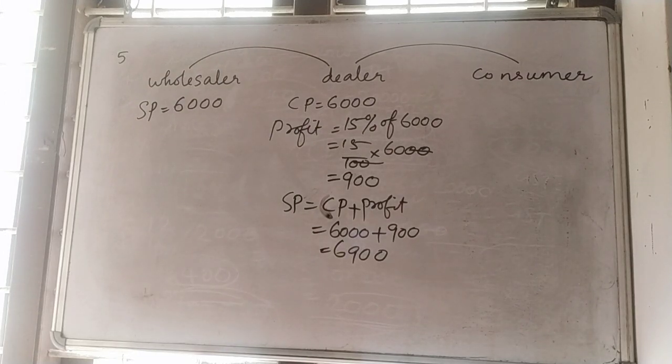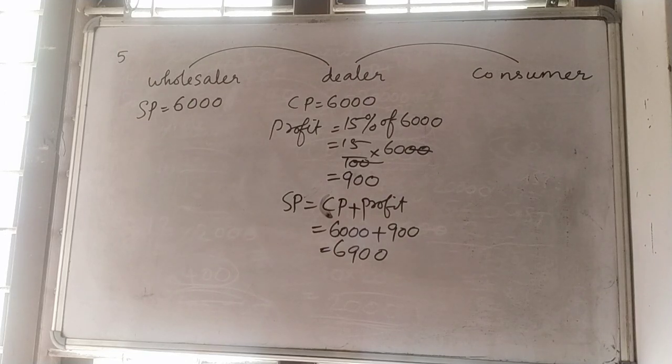Next, what will be the input CGST? GST is given as 18%, and since it is an intrastate transaction, we have to do CGST and SGST. So input CGST and input SGST we have to find out, and output CGST and output SGST also we have to find out.